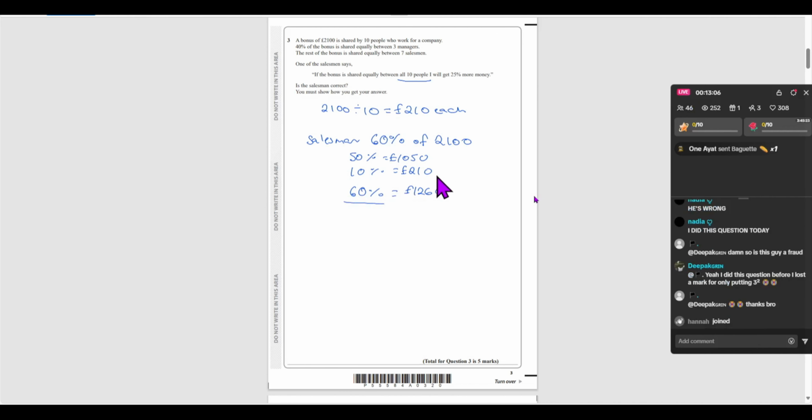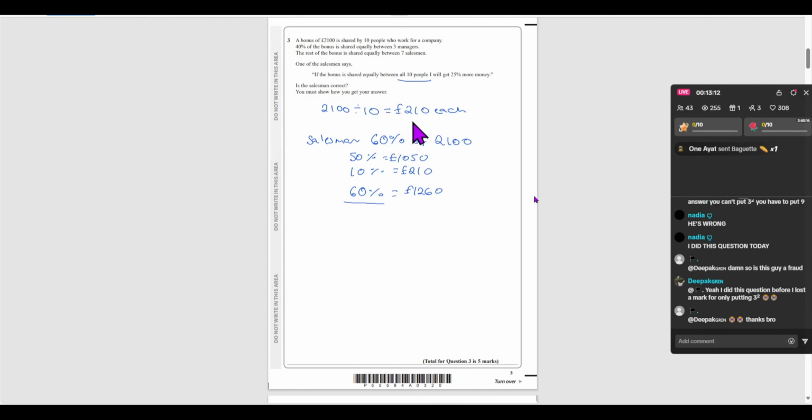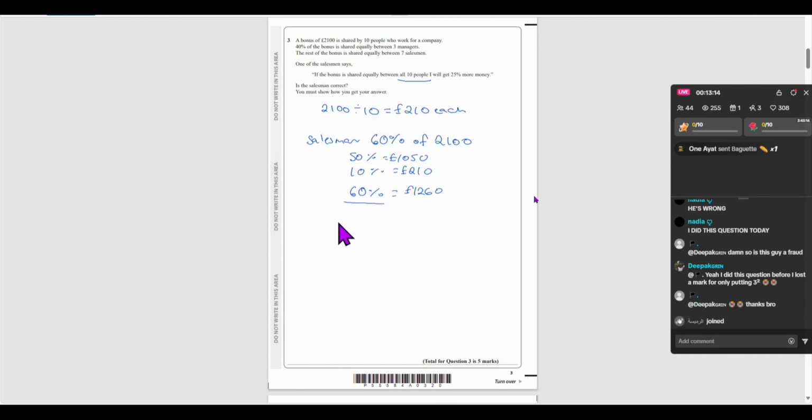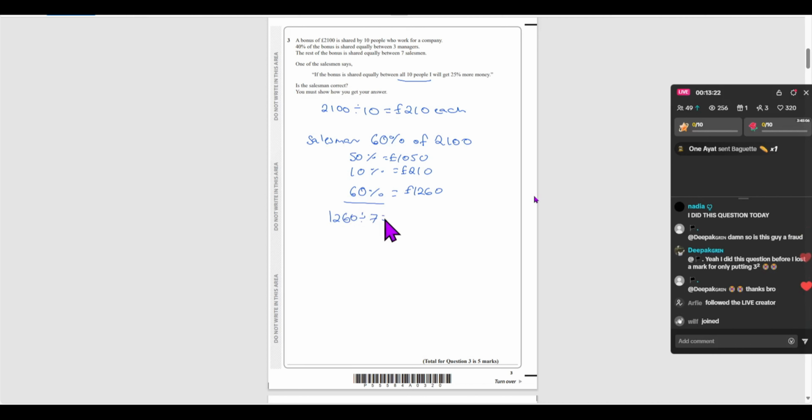Now this is the total amount that the salesmen will share between them. Okay? So we have to do 1,260 divided by 7, so we can get how much each salesperson gets.